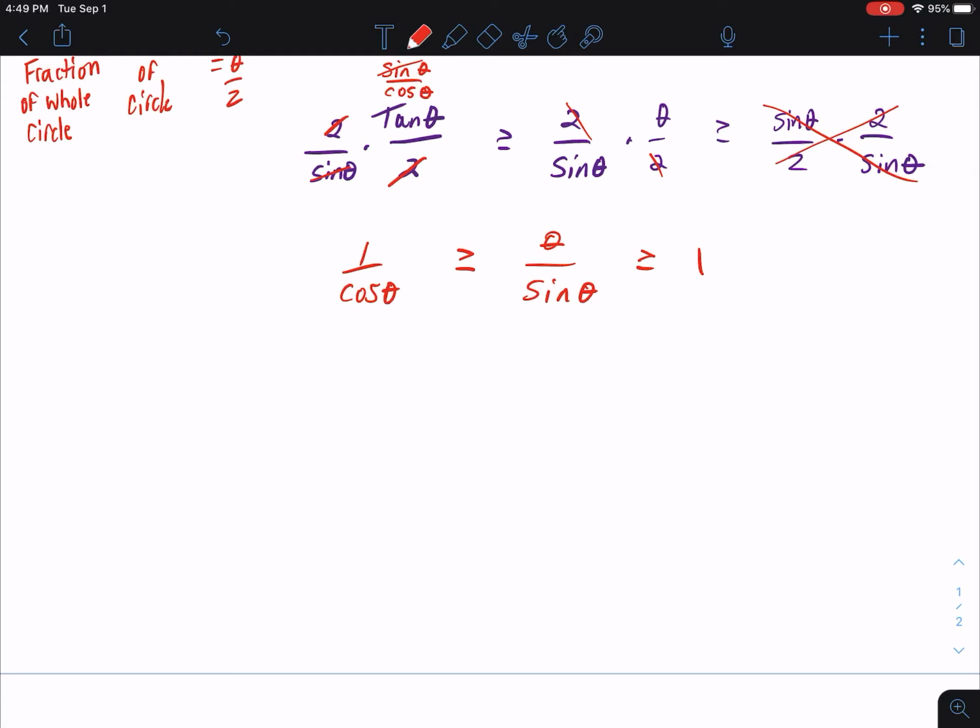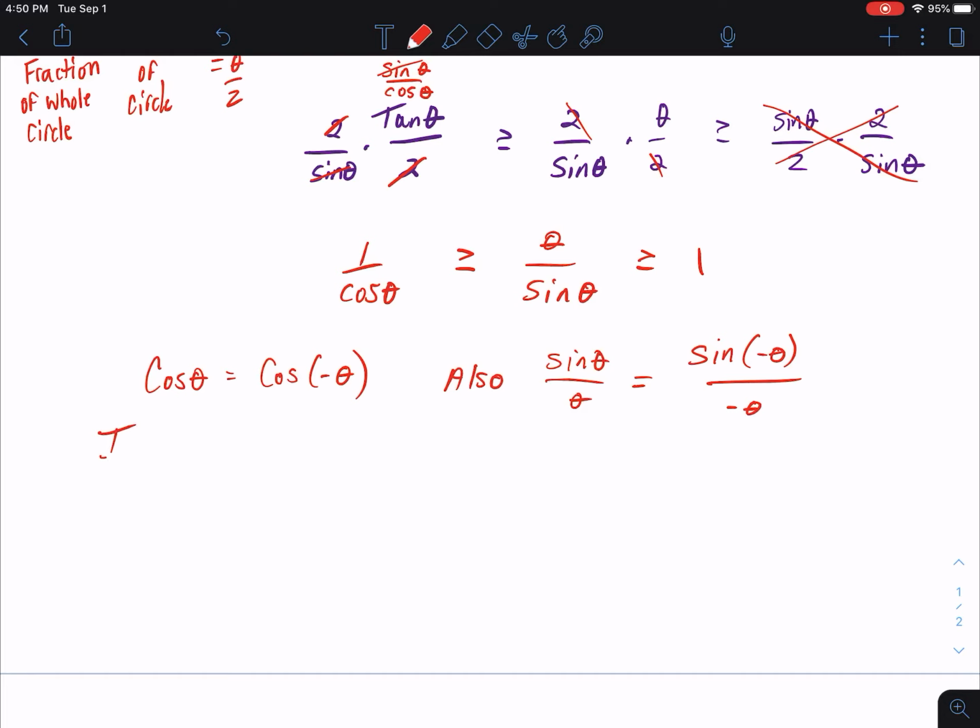Okay, so we have this little thing where we know that cosine theta, so if we plug numbers in, when we take the cosine of theta, it's going to equal the cosine of negative theta. Also, the sine of theta over theta is going to equal the sine of negative theta over negative theta.